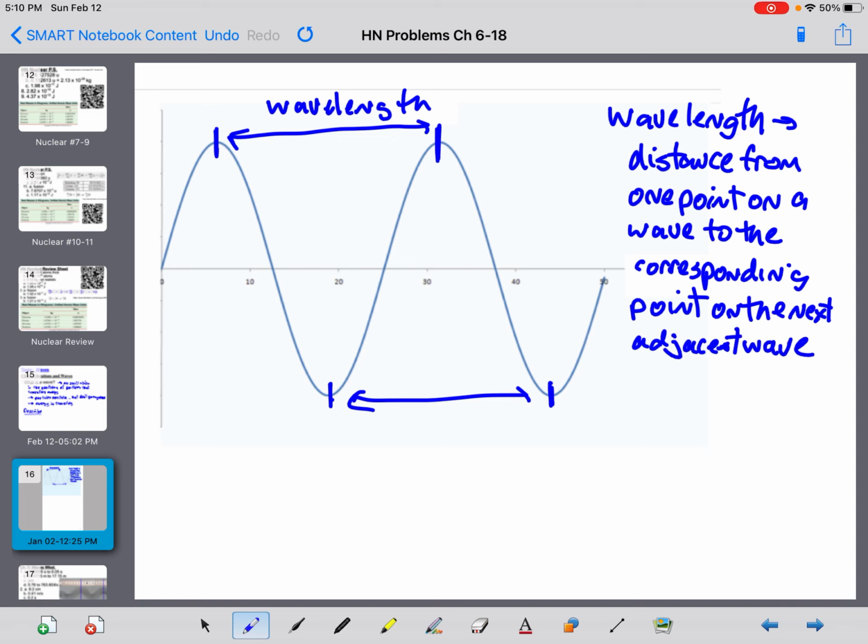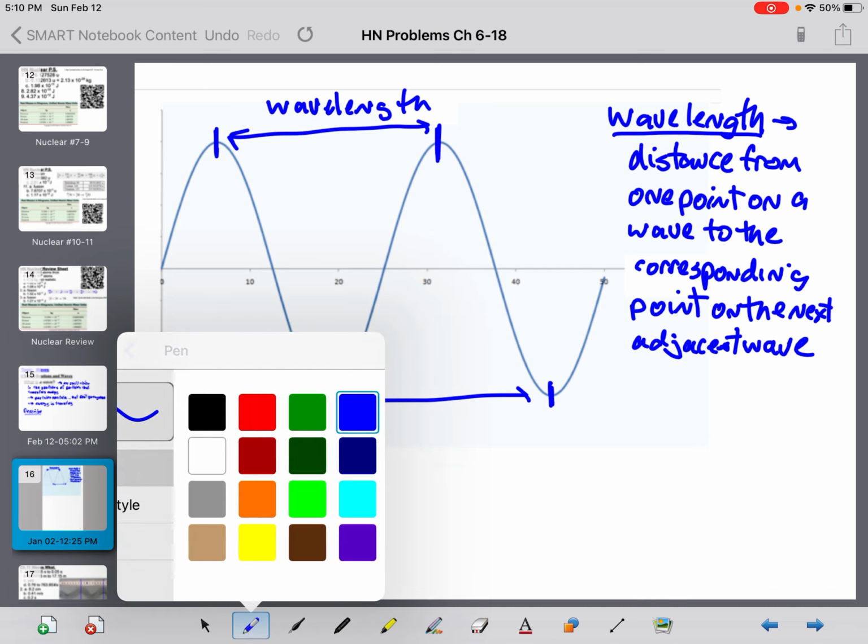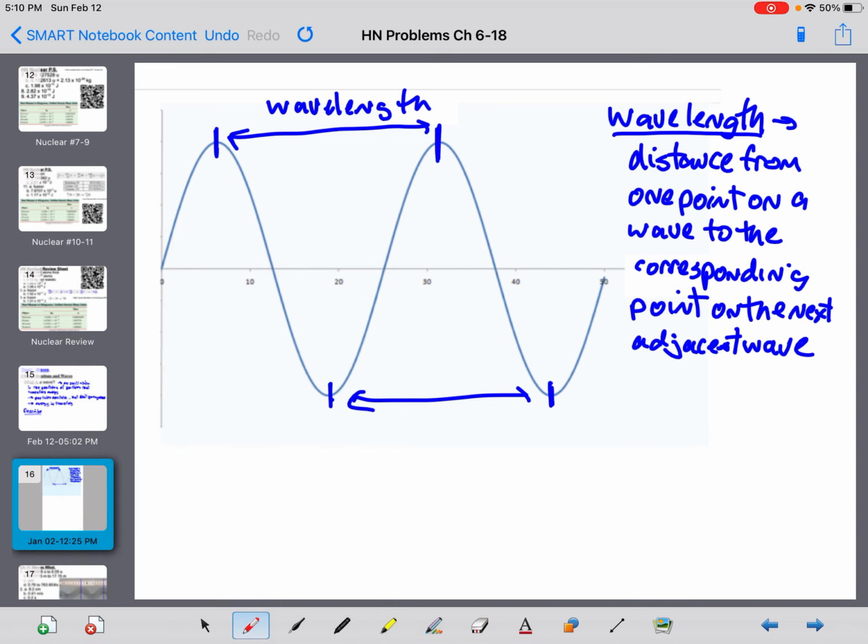So that would be crest to crest, trough to trough, any one point to the next corresponding point, and that distance is the wavelength. Now, our symbol for wavelength is a Greek letter, lambda. Looks like an upside down Y. And your units of wavelength would be meters or centimeters.